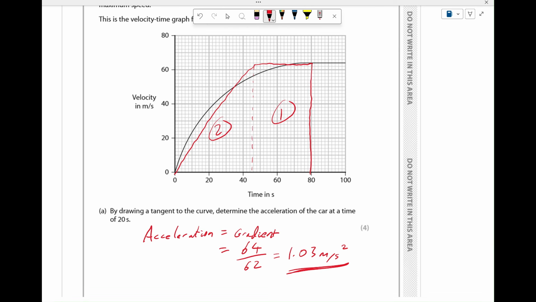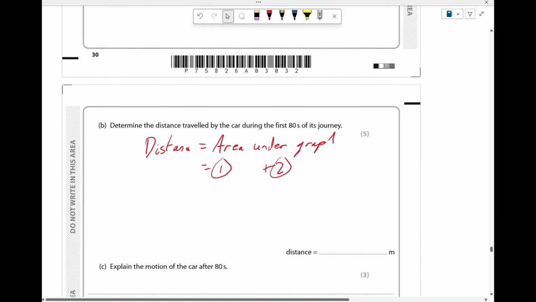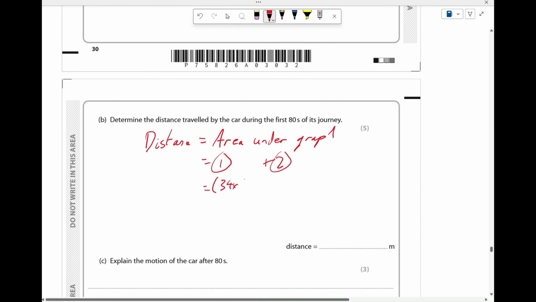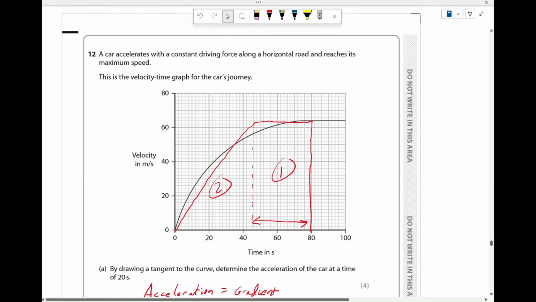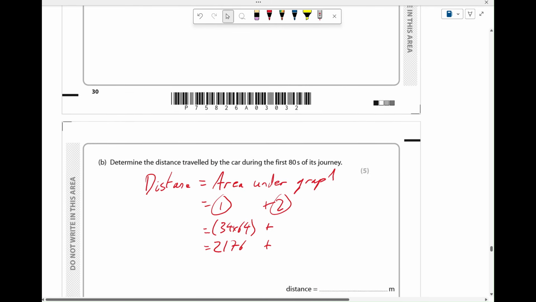So area 1 is 64 multiplied by, what's this distance here? 34 times 64, 2,176 metres, and area 2 is a triangle, 64 times 46 times half.